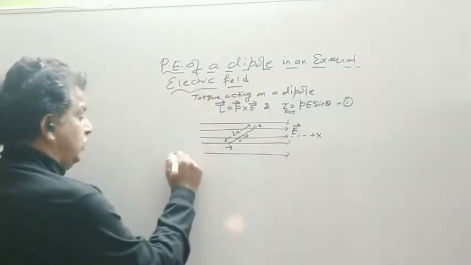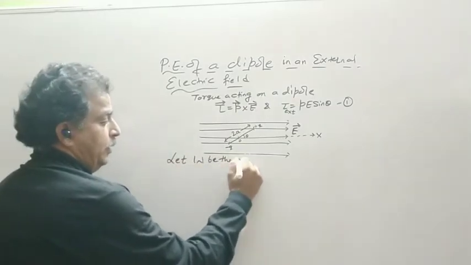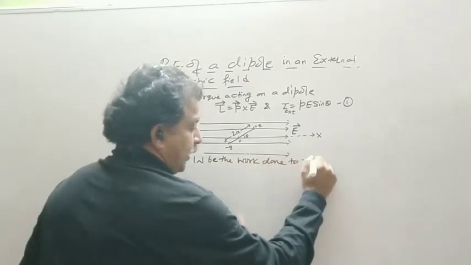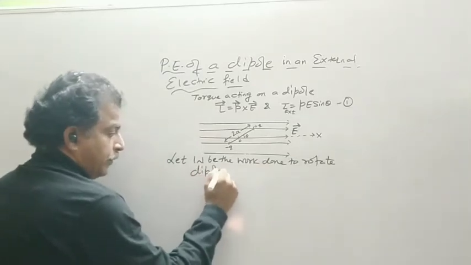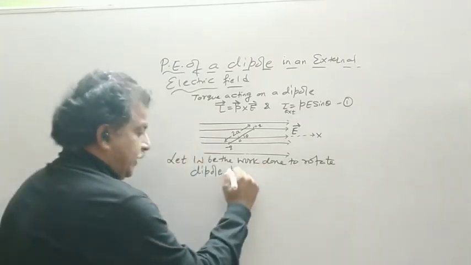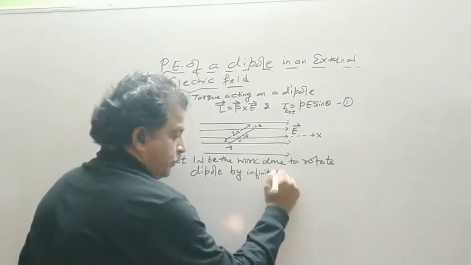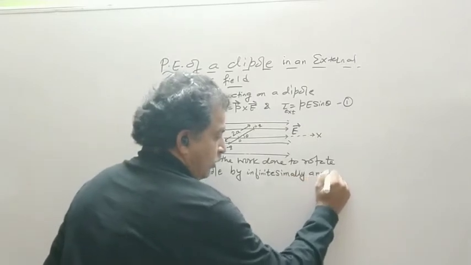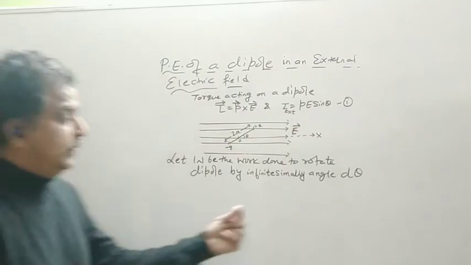So let W be the work done to rotate the dipole by an infinitesimally small angle d theta.